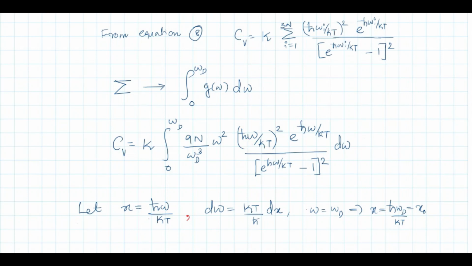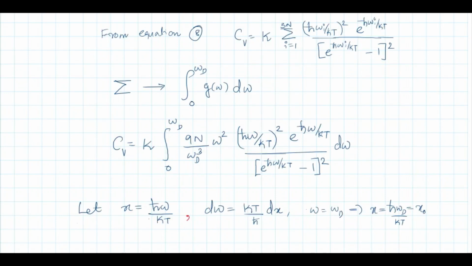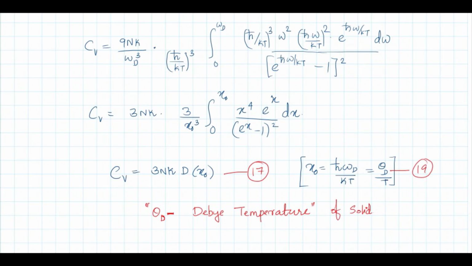Now put h cut omega by kT as x. Then d omega becomes kT by h cut dx. And when omega equals omega D, x becomes h cut omega D by kT, and call it x naught. If we make these substitutions, then you will get Cv equal to, here you have a 9 that will come outside, 9nk divided by omega D cubed, into, you multiply and divide with an h cut by kT whole cubed.